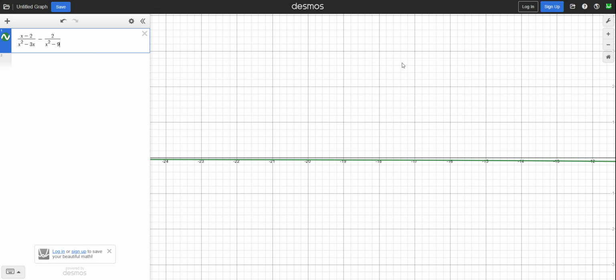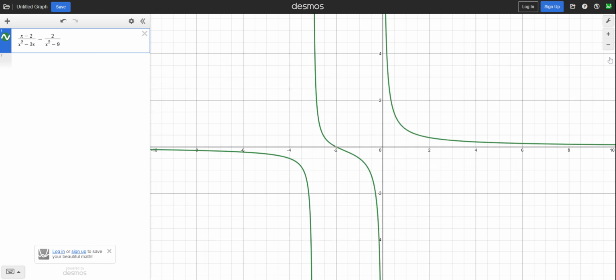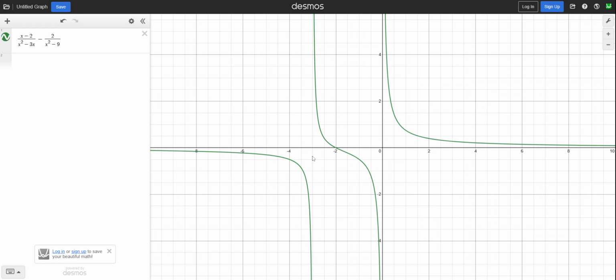Whoa. Hit the home key. Yikes. Negative 2. Notice this at negative 3 and at 0.